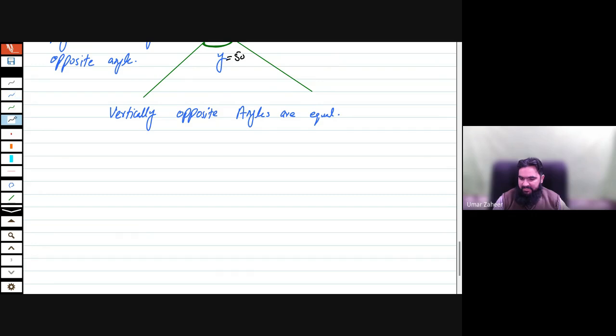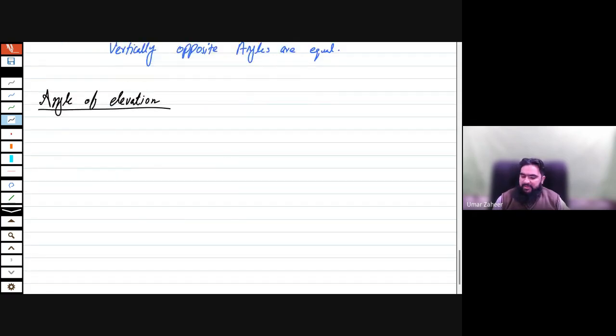That is about the angle of elevation. The angle of elevation is basically the angle that you are going to set from.